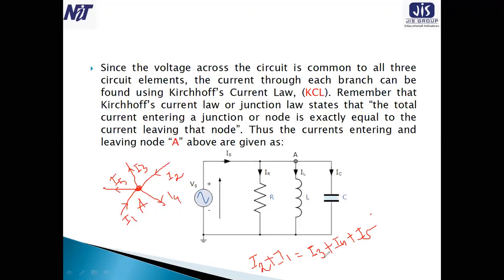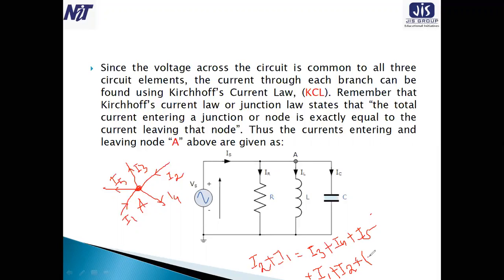How is it possible? This is very easy, because we have to rewrite the equation in a slightly different form. If we consider that incoming current is positive, then I1 plus I2 will be positive. And as per the theorem, the summation of all the incoming and outgoing current equals 0. If incoming is positive, then outgoing will be negative.